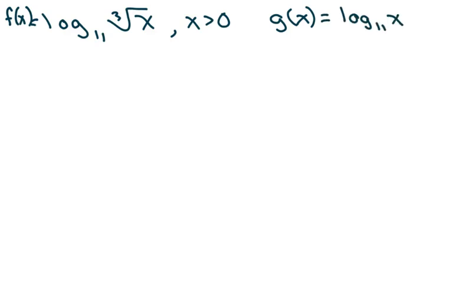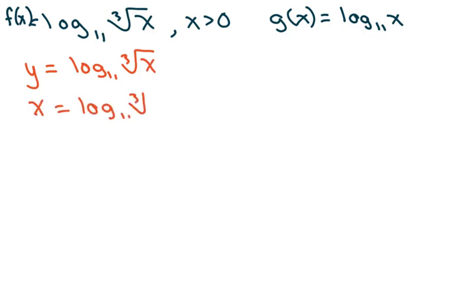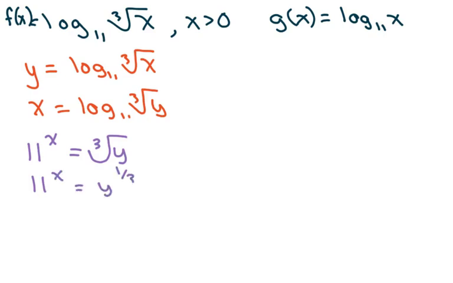First thing we want to do is find the inverse. So y equals log base 11 of cube root of x. Switch the x and the y. And write it as an exponent. 11 to the x equals the cube root of y, or 11 to the x equals y to the 1/3.